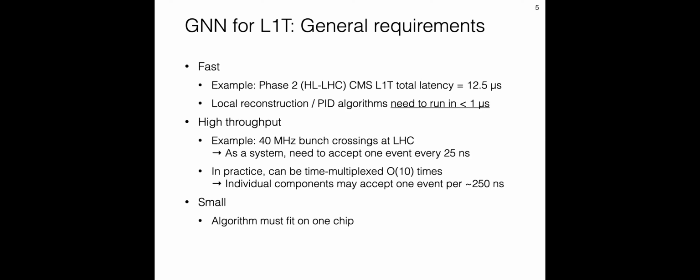And time multiplexing usually is order 10. So individual components may accept one event per 250 nanoseconds. But then if your algorithm processes one track at a time or one cluster at a time, then again the throughput has to be much, much higher than that. So high throughput. And then finally, the algorithm has to be small because it has to fit on one FPGA chip.